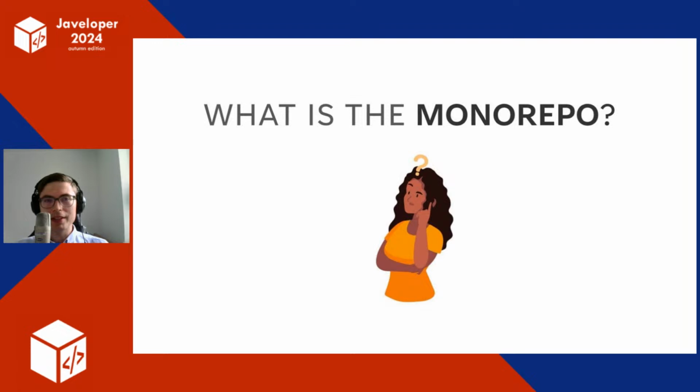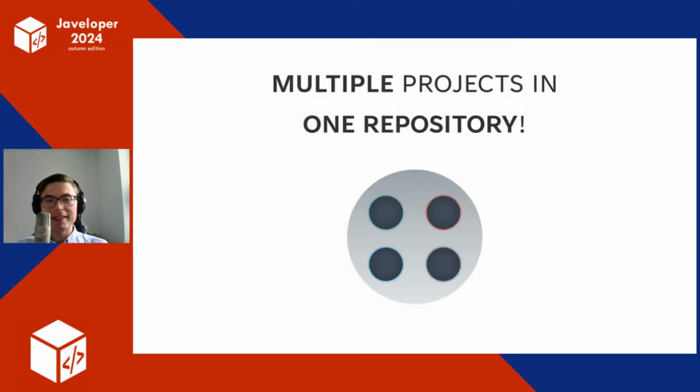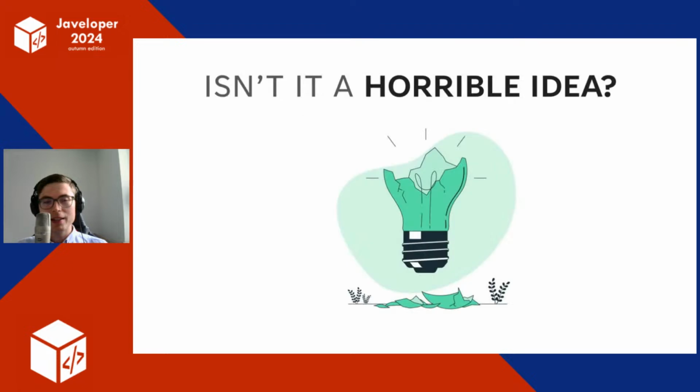So the answer to that is pretty simple. Monorepo is storing multiple projects inside just one repository. And you may say, wait a second, isn't it a horrible idea?